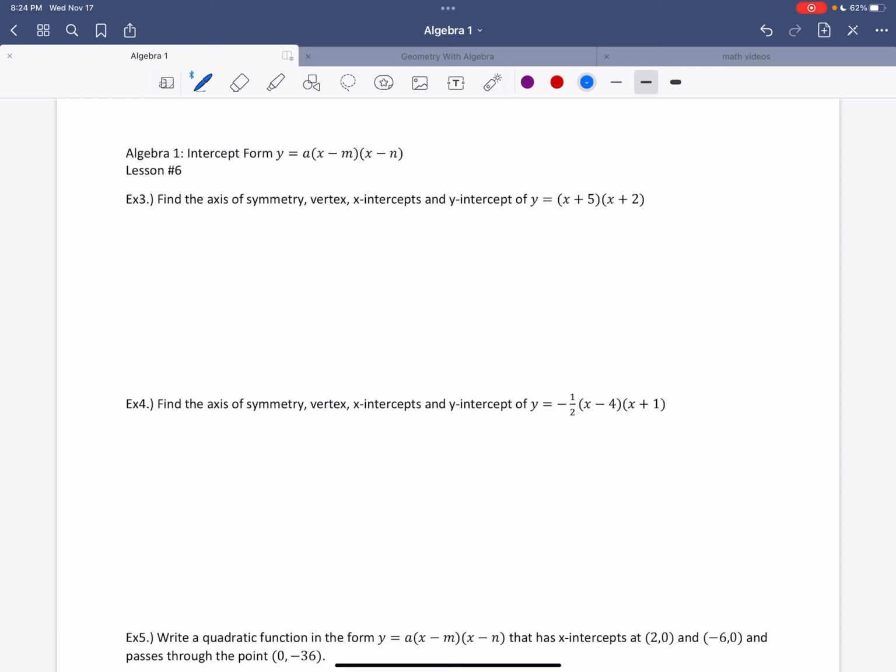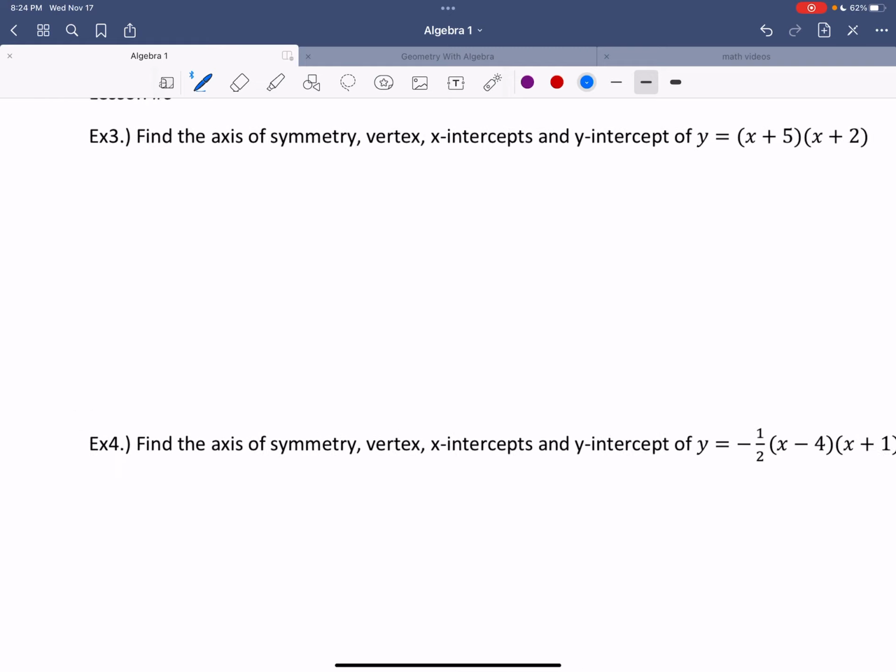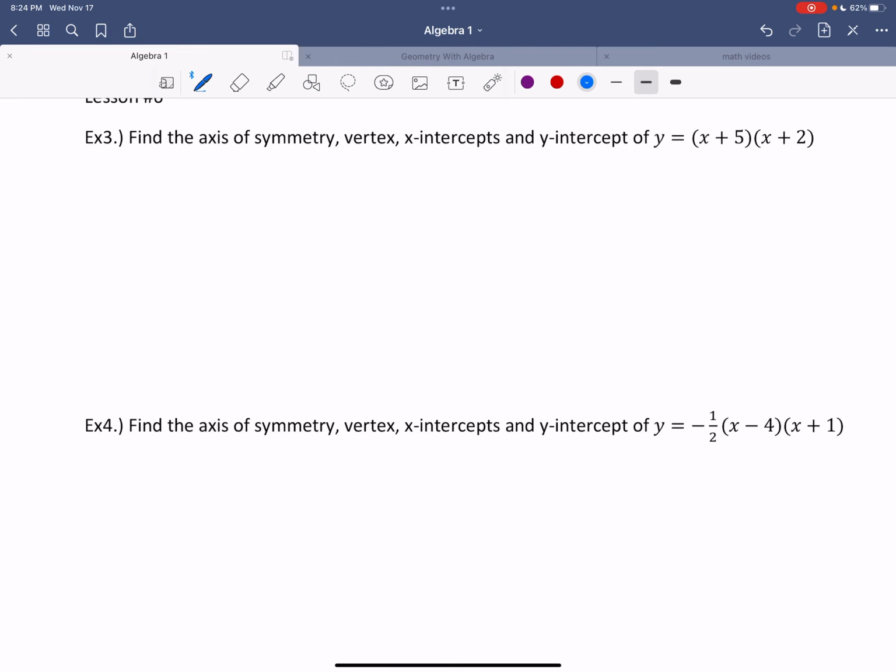Okay, find the axis of symmetry, vertex, x-intercepts, and y-intercept of y equals x plus 5 times x plus 2. So first thing we're going to do is find the x-intercepts. To do that, we set the function equal to 0.